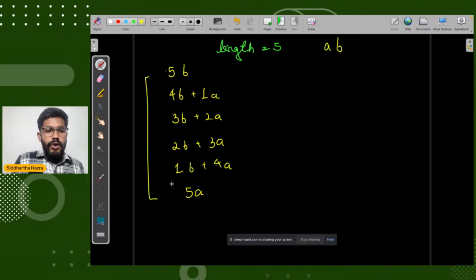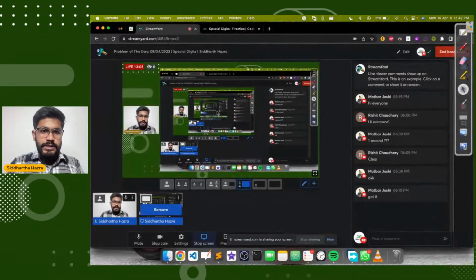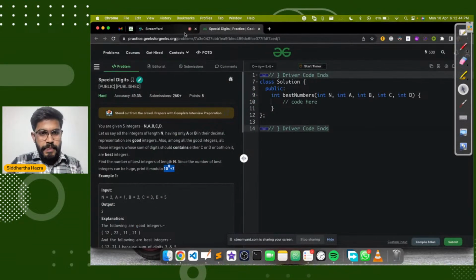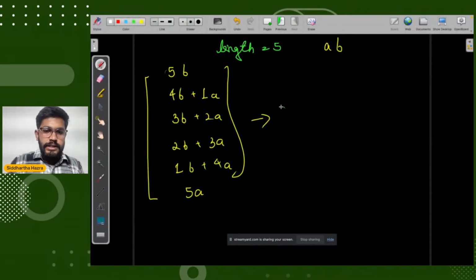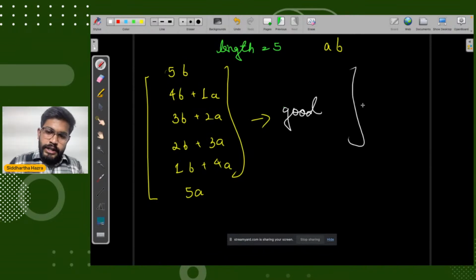And these are all the sums that I can achieve, not more than that. These are the good integers sums. Now these good integers would produce the best integers.